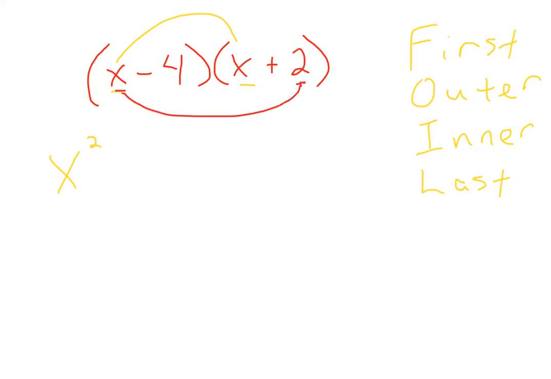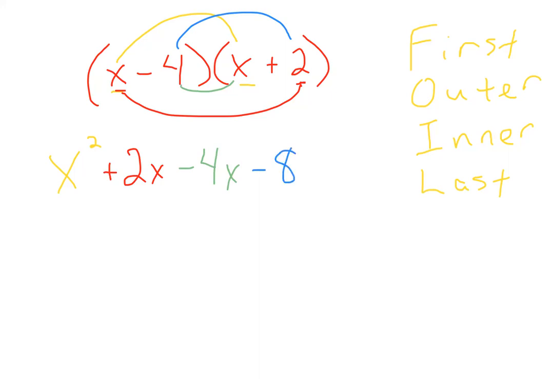So x times 2 is 2x. I is for inner. It's the innermost term. So negative 4 times x gives me a negative 4x. And the last, well, it's the last two terms. That's negative 4 times positive 2, and a negative times a positive is a negative, and 4 times 2 is 8.